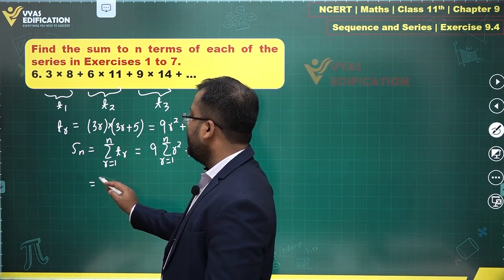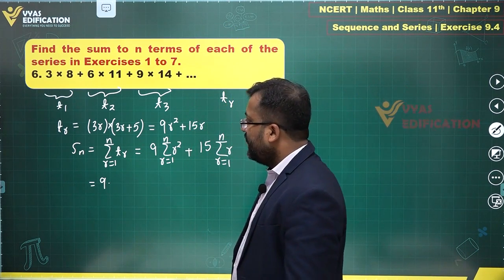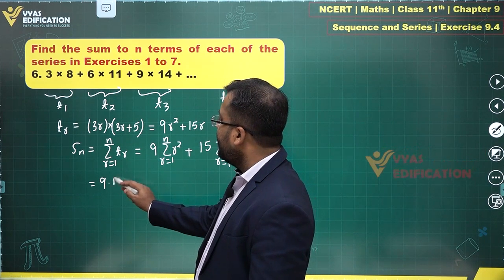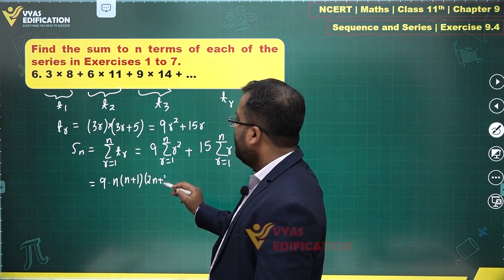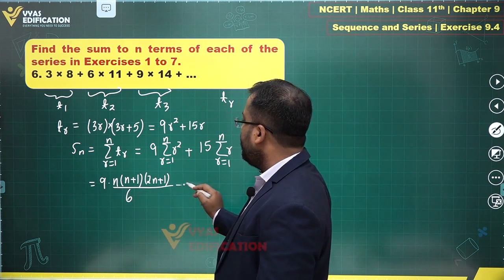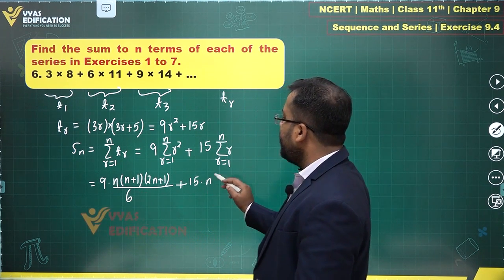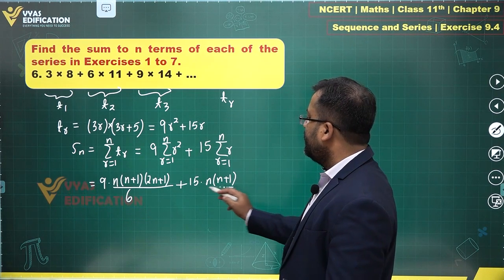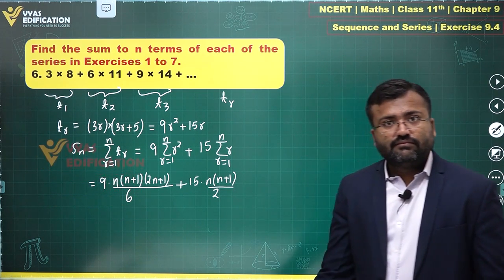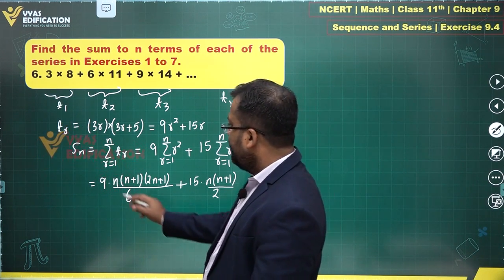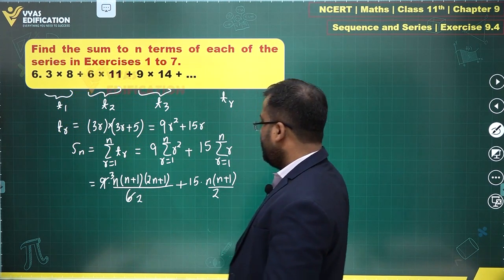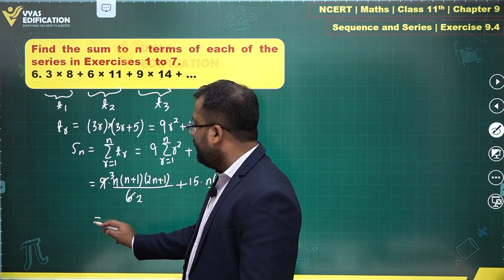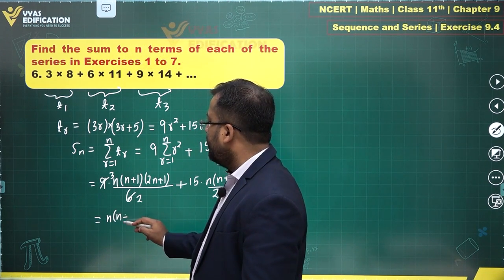And this becomes 9 times sigma R square from R equal to 1 to n, which is n times n plus 1 times 2n plus 1 upon 6, plus 15 times n plus 1 upon 2. Cancel a factor of 3, this is left with 2, this is left with 3. And in the denominator you have 2, in the numerator you have n into n plus 1.